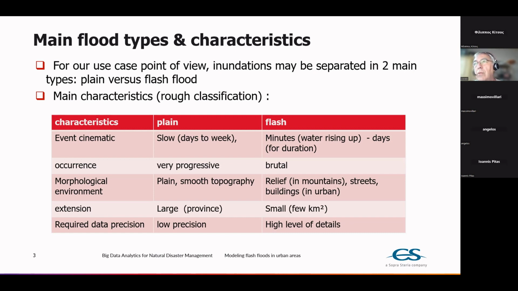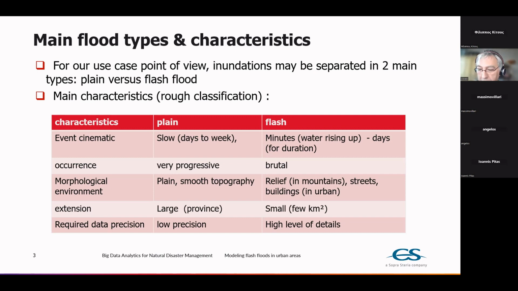Of course, when you are working on plane modelization, you would like to have very good data with good precision, but you can manage to have lower precision data, which is absolutely not the case for flash flood, especially in urban area, because you have to take care of every object, every infrastructure existing, which is going to guide the water flow and to have an important impact on the height of water and the speed.